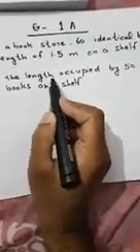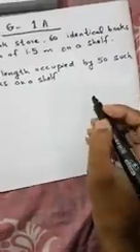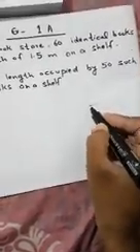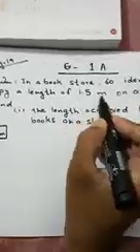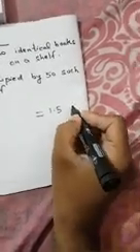If we have to find the length, then we will use the length given in the question on this side, because we have to get the answer on this side. Which length is given in the question? 1.5 meters is given in the question. We will write 1.5 meters here.